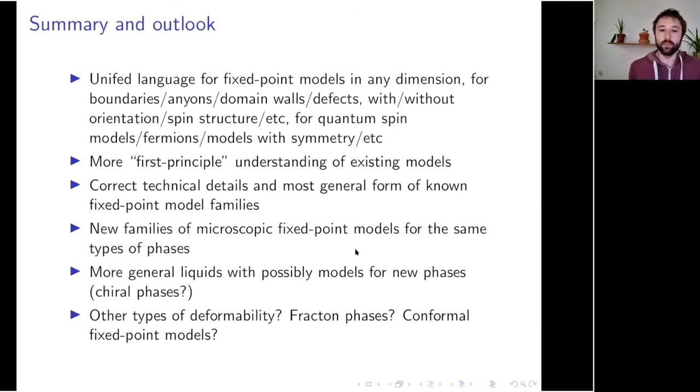But these are systems such as the toric code, which are also interesting for quantum information purposes, because you can do topological quantum computation with those models. So those are not only phases which you might find in nature, there are more phases which you might want to engineer for quantum information purposes.